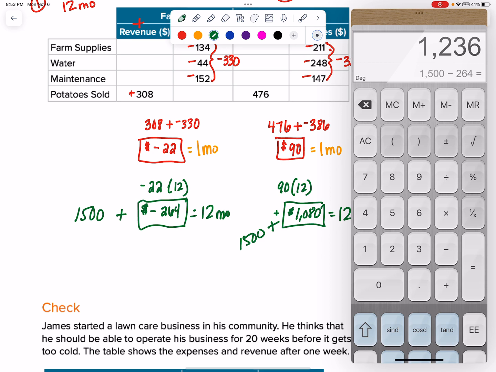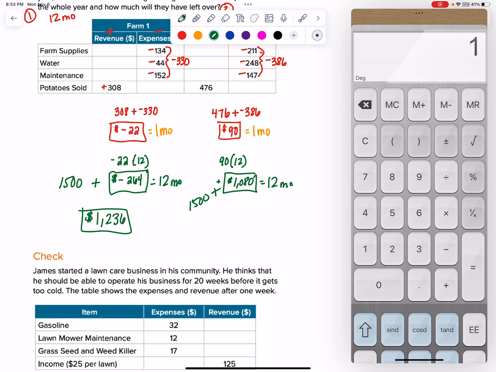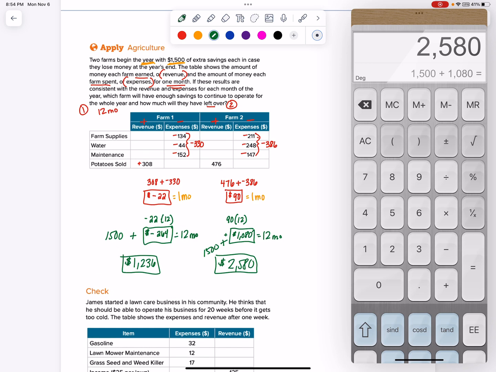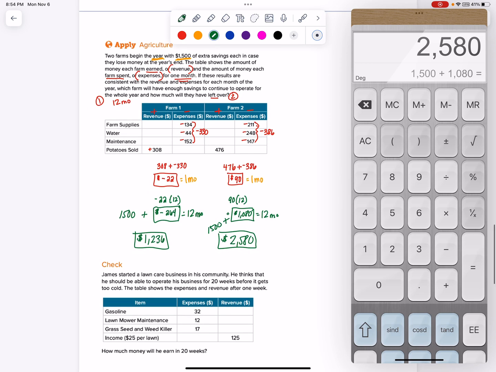All right, so we're at 1,236 for this farm, and 1,500 plus 1,080. We're at $2,580 for farm 2. So going back to the question, which farm will have enough savings to continue to operate for the whole year? Well, it looks like both will have enough to operate. How much will they have left over?